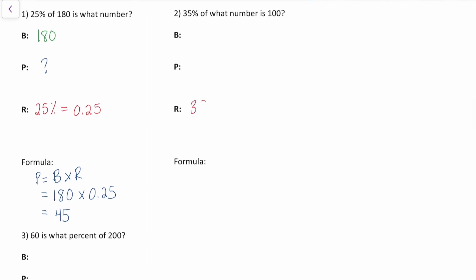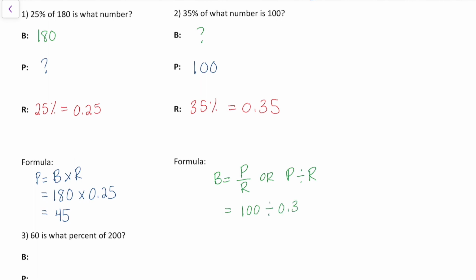Okay, so in this one we said 35% was our rate. We said 100 was our portion, and we're looking for base. So base is equal to portion divided by rate. We can think of it like this. So that is going to be 100 divided by 0.35. We get 285.7 if we round to 1 decimal place.